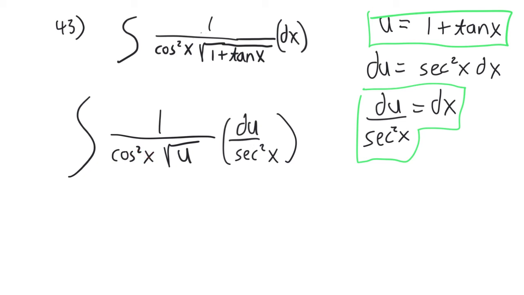Okay? In case that's still not clear, think about it. Cosine x is cosine x. Secant x is 1 over cosine x. That's something that you need to know. So do you see how this times this would cancel?